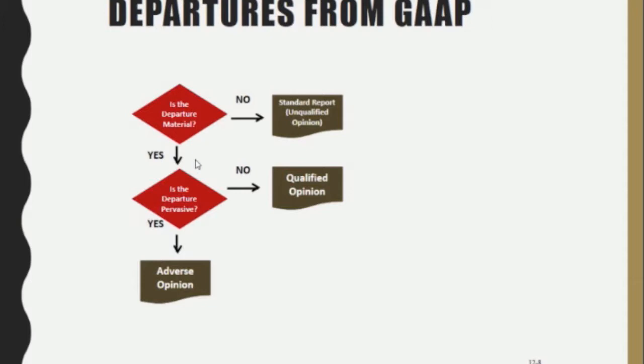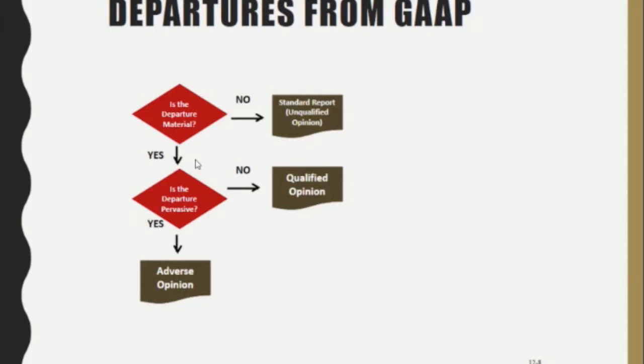If the auditor determines that this departure from GAAP is material, then they ask the question, is it pervasive? So the fact that the company has departed from GAAP, does it have a pervasive impact on the financial statements as a whole, or is it just impacting this one area?